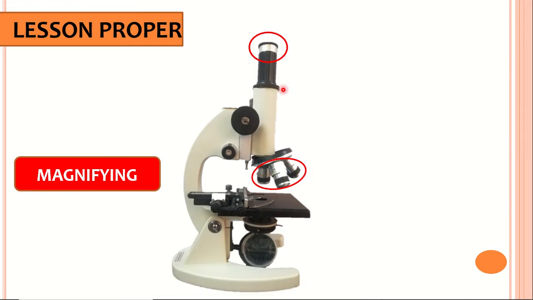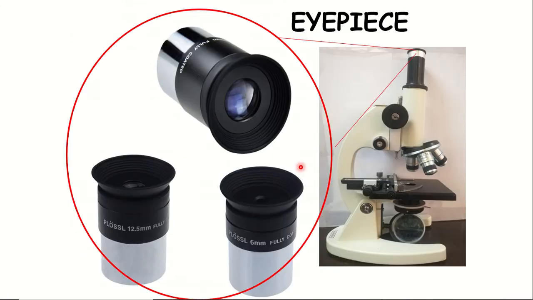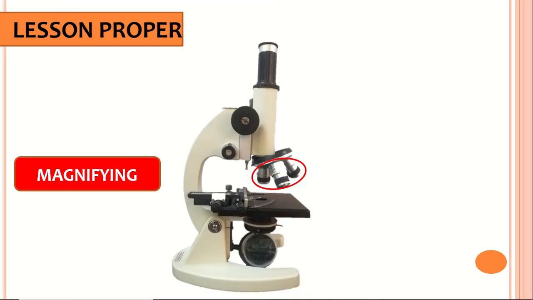First is the eyepiece. Second is the objectives. So this is an example of an eyepiece, and this is an objective.